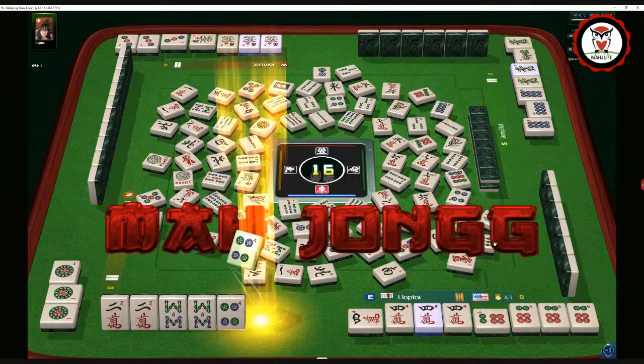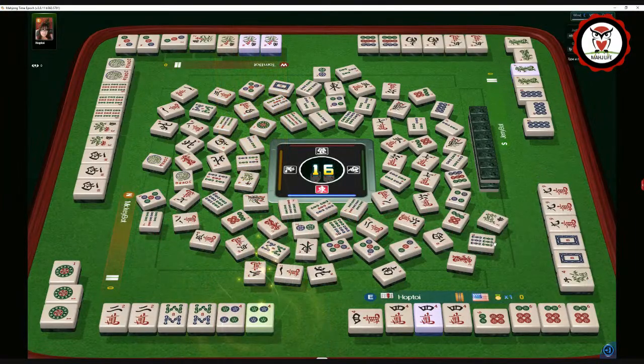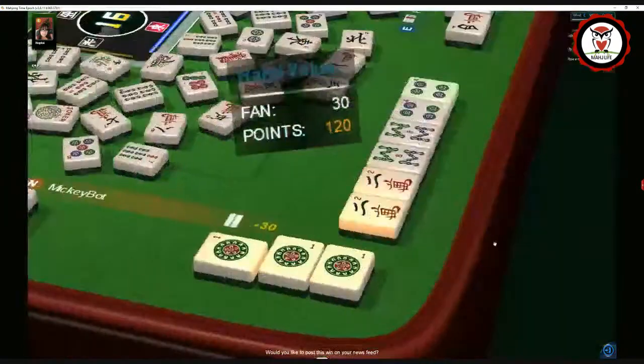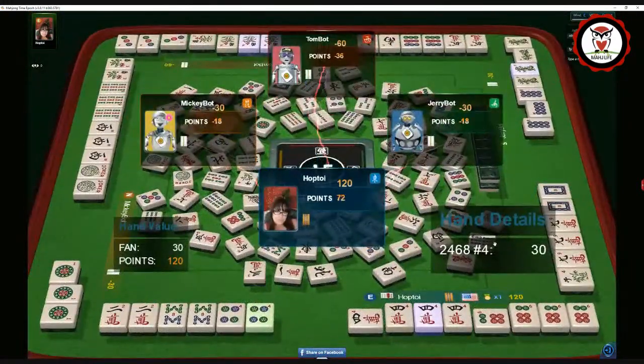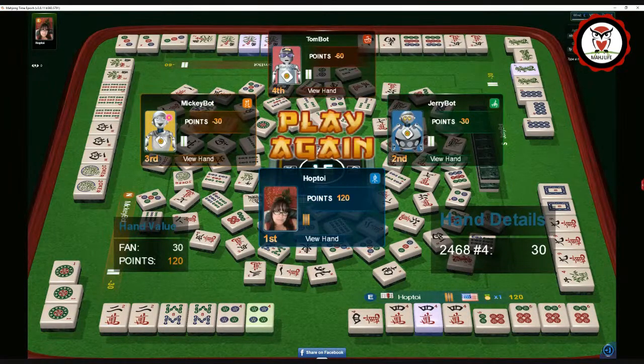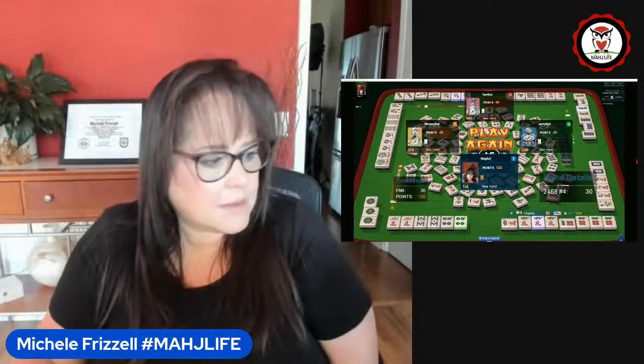Mahjong. Mahjong. Okay, so we got that 4th hand down. And you can see that the robot's hands are not good. All right. Any questions about the techniques that I shared?